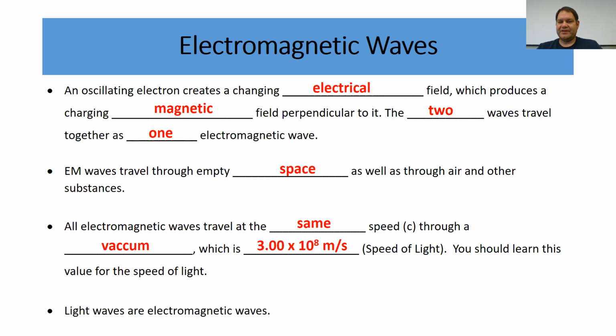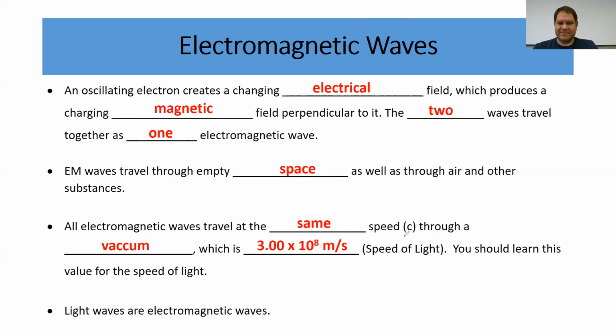They can travel through empty space, and that's important to remember. All right, light can travel through all sorts of objects and through empty space, which is awesome. All electromagnetic waves travel at the same speed. Okay, all electromagnetic waves travel at the same speed. Now we'll look at that a little bit more in detail in a bit.